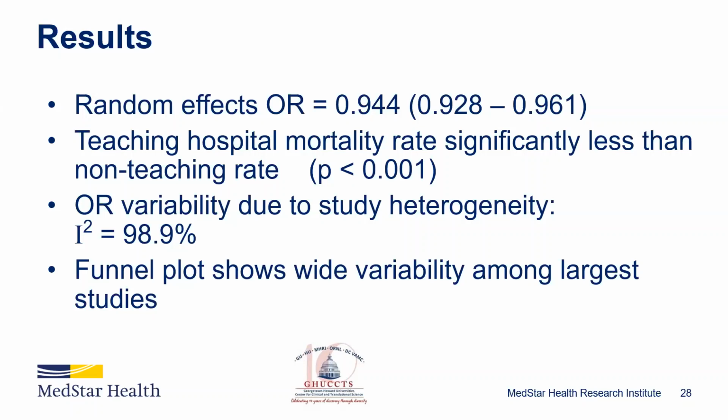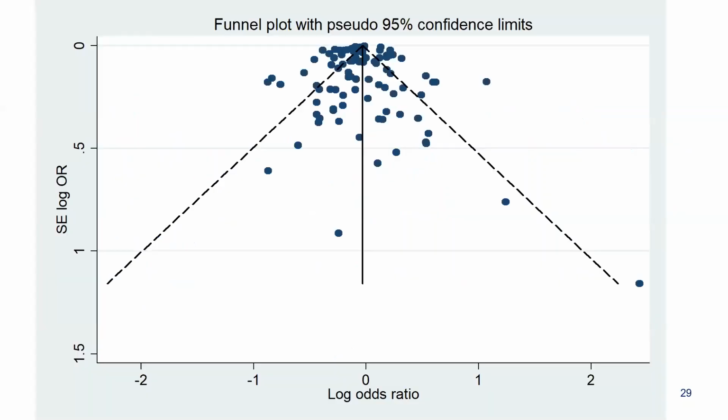So that really, in a sense, sheds doubt on the conclusion that there was a benefit of teaching hospitals with regard to mortality. And their use of the funnel plot shows this. So this is what a funnel plot is.